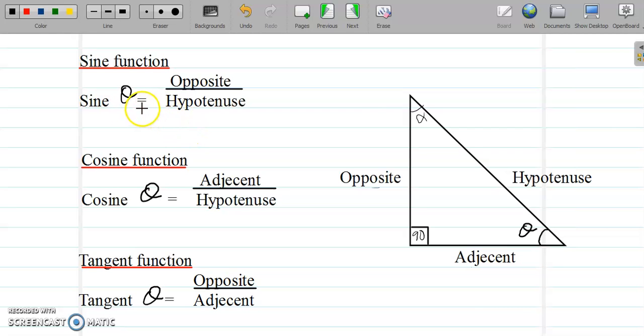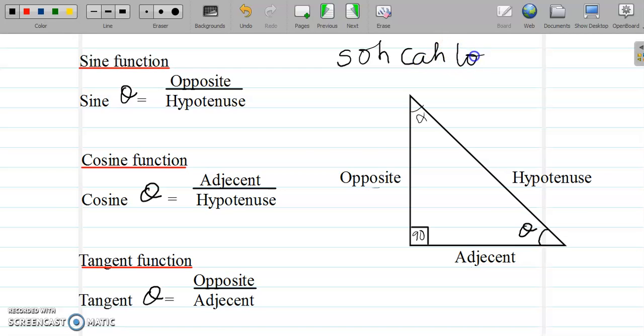So as I was saying, sine is opposite over hypotenuse, cosine function is adjacent over hypotenuse, and tangent function is opposite over adjacent. We have to note this, we always need this to solve problems. Without memorizing or cramming it, we have something we call SOHCAHTOA.